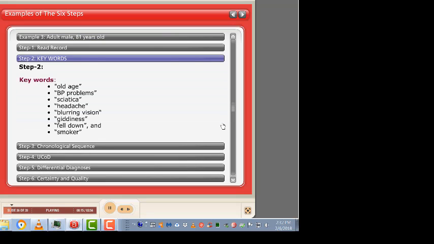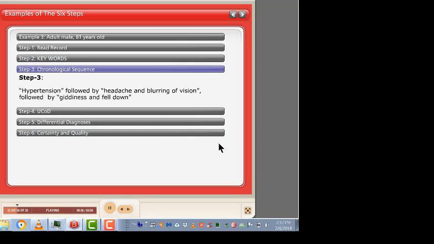Keywords: old age, BP problems, sciatica, headache, blurring vision and giddiness, fell down and smoker. Step 3. Headache and blurring of vision, giddiness and fell down due to hypertension caused by smoking, sciatica and old age.